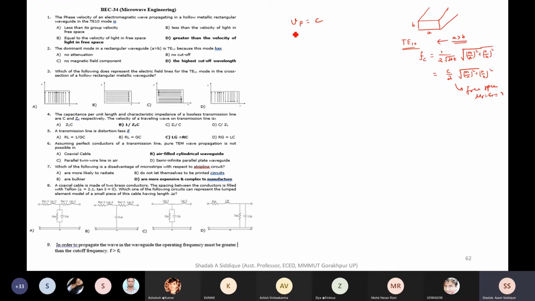But if we talk about phase velocity in the guided direction, guided direction means the z direction. If you want to relate with the guided direction, you can relate with Vg. But don't mix this with group velocity. This is not the group velocity. If you are confused with the Vg, you can simply denote it with Vp. This is for free space.